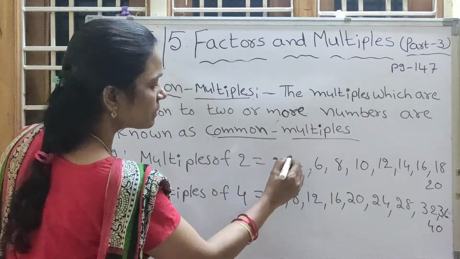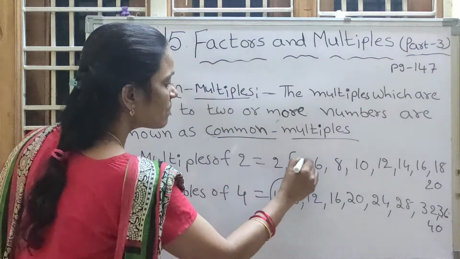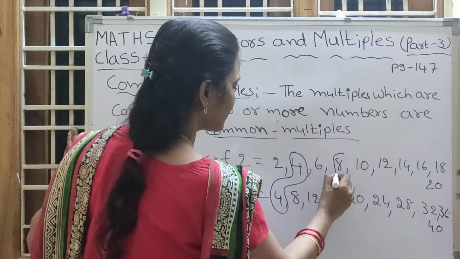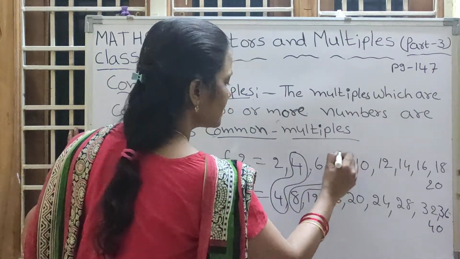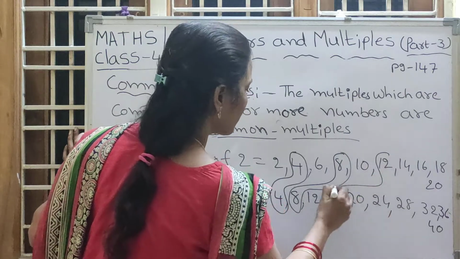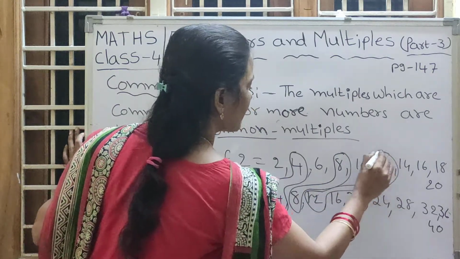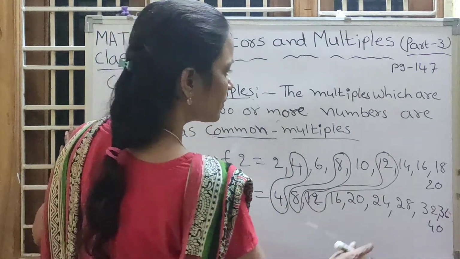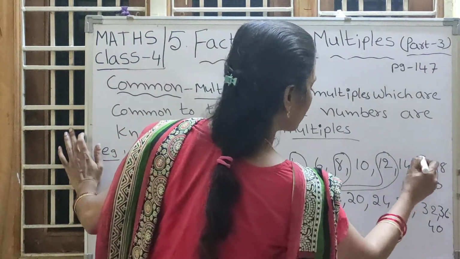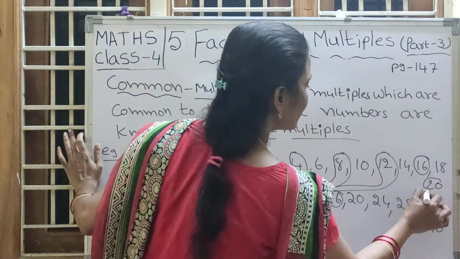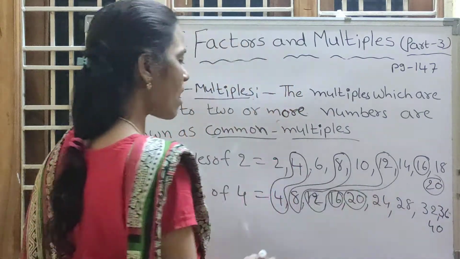Now take the common multiples. Which numbers are common? 4 is common. Next, 8, then 12, okay, circle 12. After that, 16 also, and next, 20 also. So all these are the common multiples.